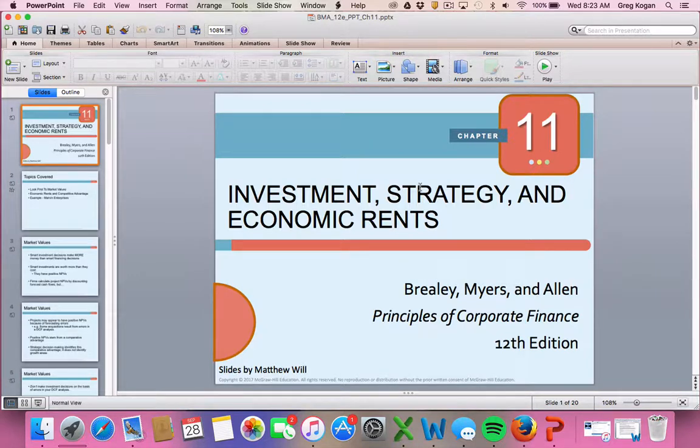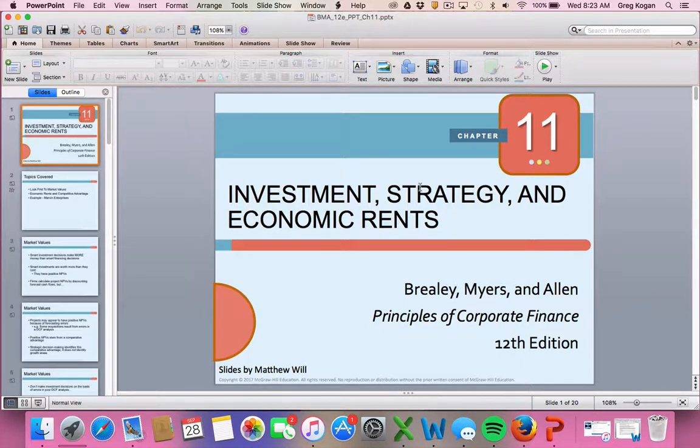What it's talking about is economic rents. In a way, economic rents is when a company is receiving an extraordinary positive NPV on its projects, because it's ahead of other companies, and it's just doing a good job.